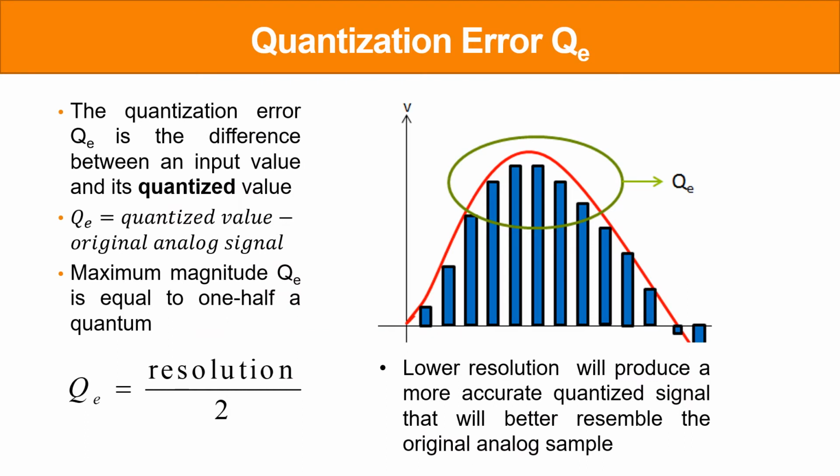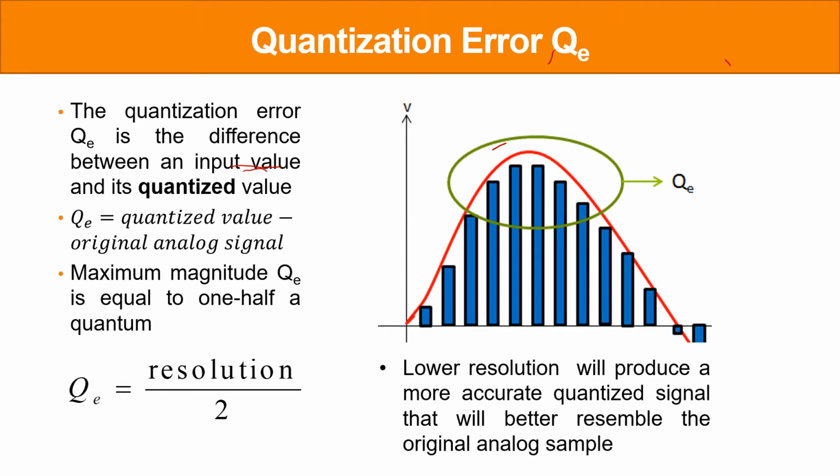After we get the value of quantization, the middle value, we need to know the quantization error. So what is the quantization error? The quantization error, QE, is the difference between an input value, which is the original value, and its quantized value.